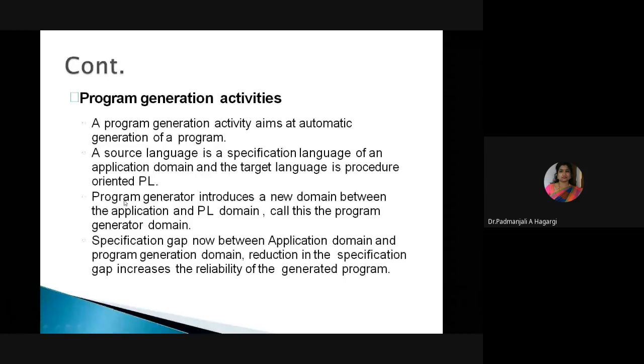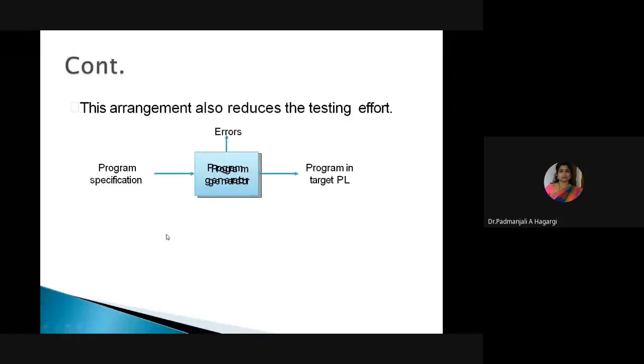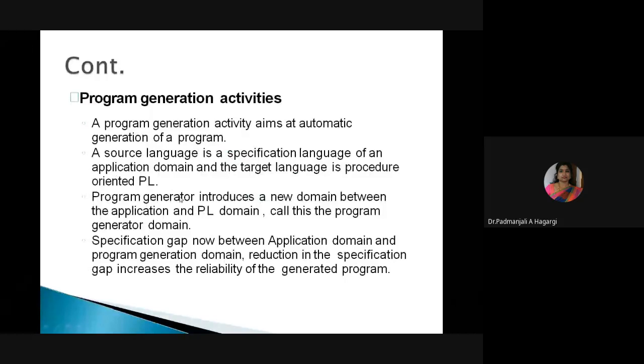The program generator introduces a new domain between the application domain and the programming language domain. Call this program the program generator. Now I hope you have come to know what a program generator is.